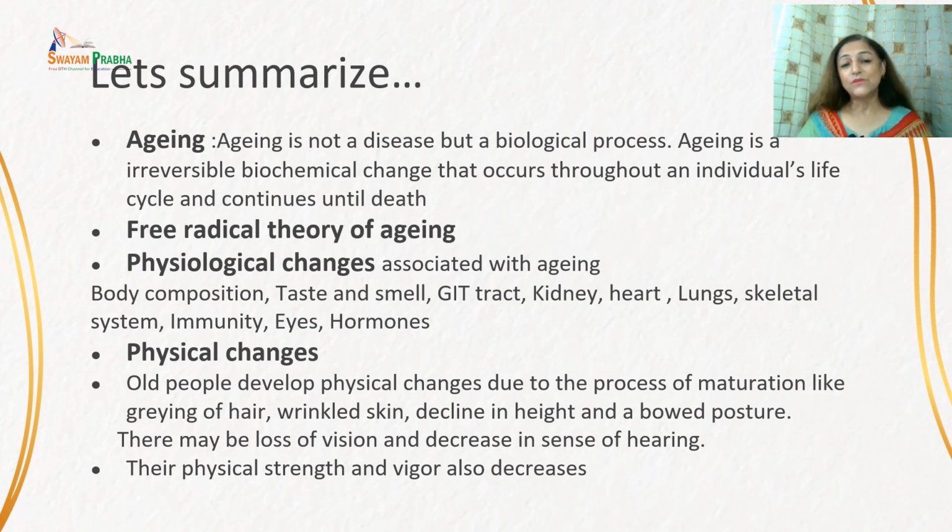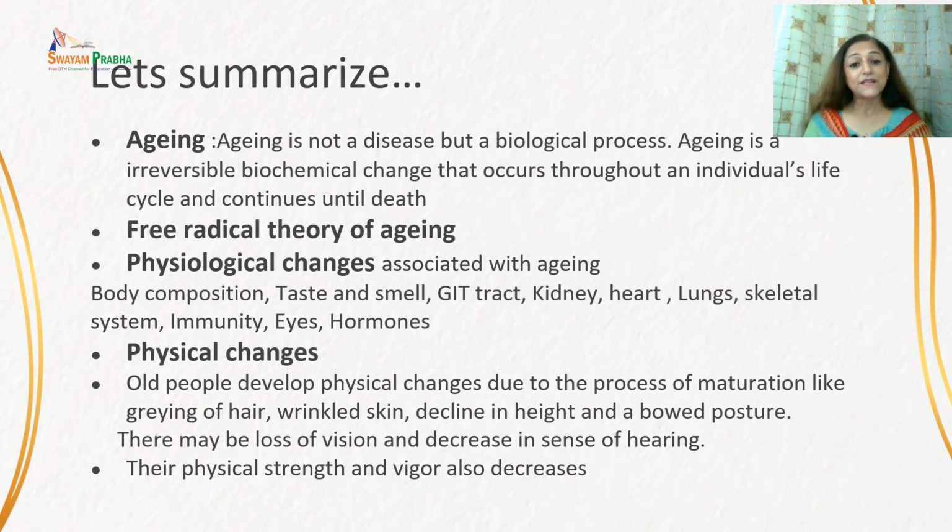And then we studied certain physical changes. Older people have certain physical changes which we see on the basis of their maturation symptoms, such as graying of hair, wrinkled skin, decline in height and bowed posture.